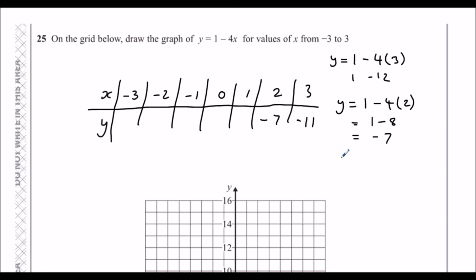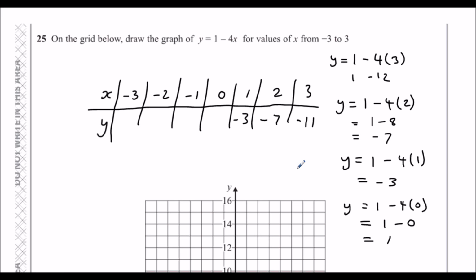And we'll do 1 as well. 1 minus 4 times 1, which is 1 minus 4, which is minus 3. So you should start seeing a pattern emerge here. I'll do 0 as well. So 1 minus 4 times nothing, which is 1 minus nothing, which is 1.